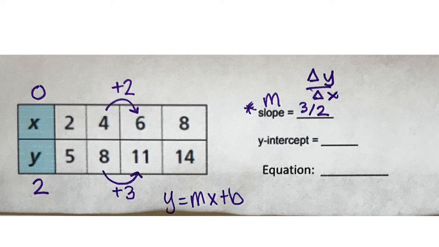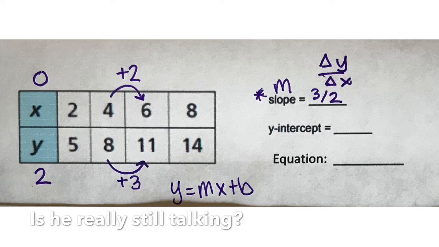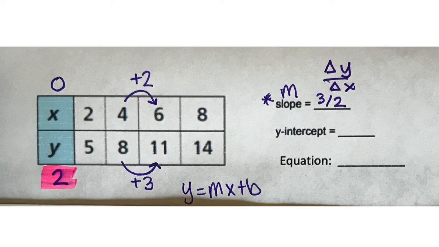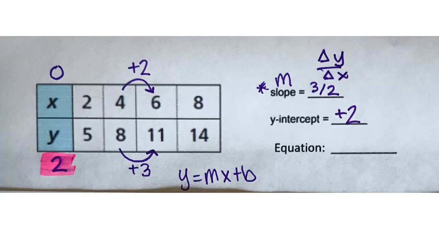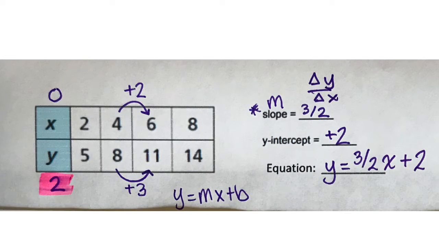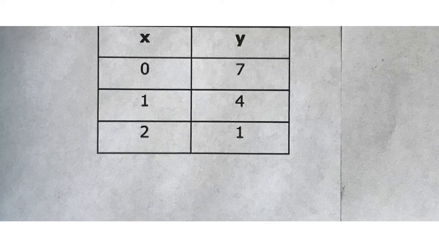So now I know that positive 2 is going to be my y-intercept, or the b in y equals mx plus b. So I'll simply highlight it, ding, and then write it in the place where it says y-intercept equals, ding. And now all I need to do is put together my equation with the m in the place of slope and the b replaced by the intercept.